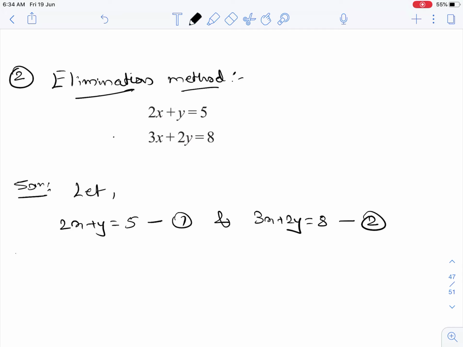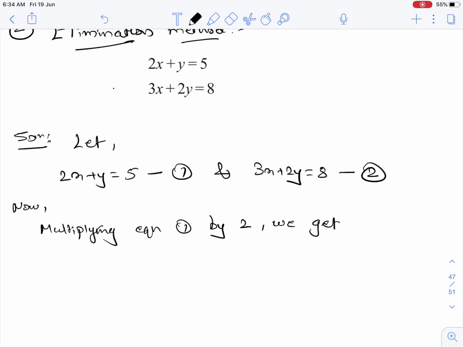So now, multiplying equation 1 by 2 we get, now what is our equation number 1? First you have to write that equation number 1.